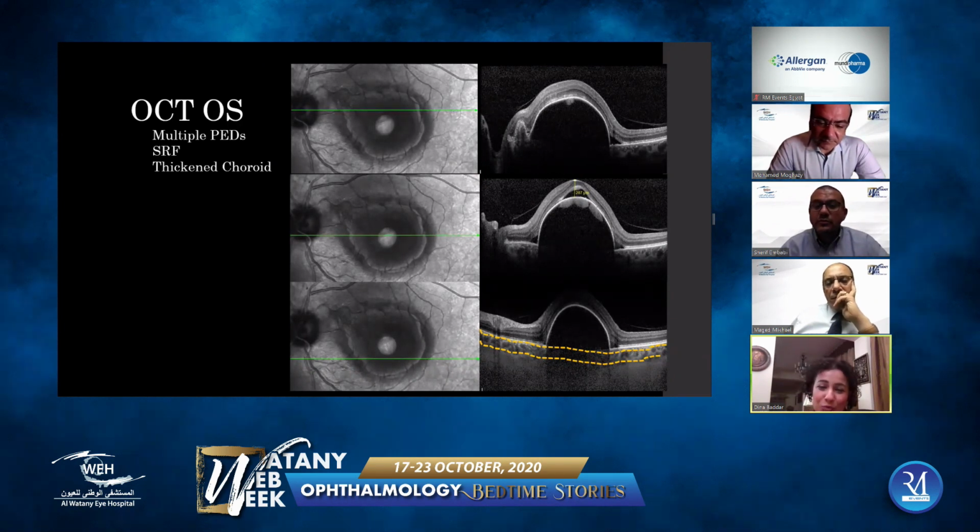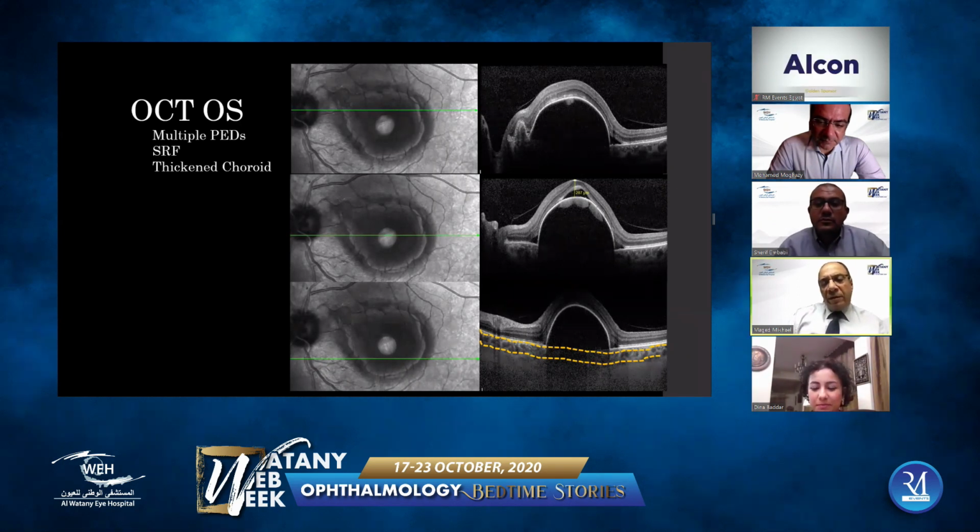Would you load or would you go one injection and then re-image? I usually start PRN from the start. If there's a complete resolution from the first injection, I continue to a second one to confirm the absorption of fluid. So at least 2 injections at first, not loading 3 doses as usual. I start treatment PRN from the start.